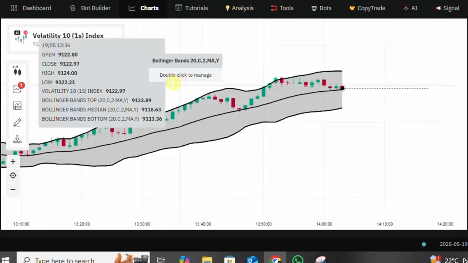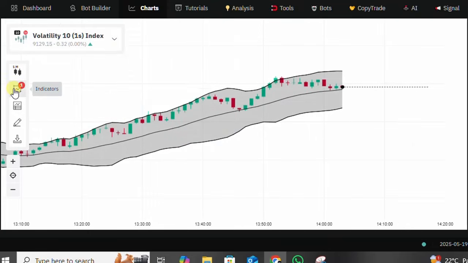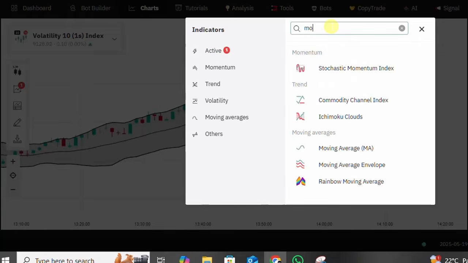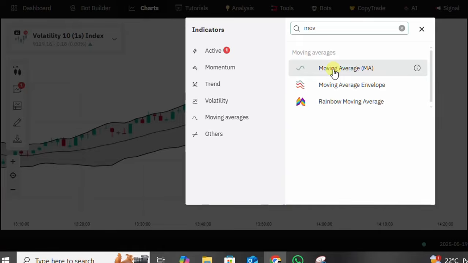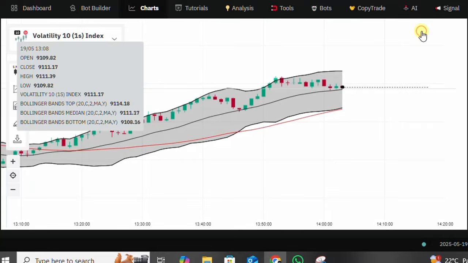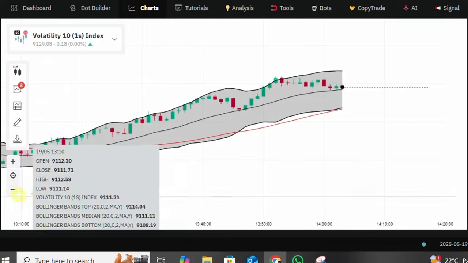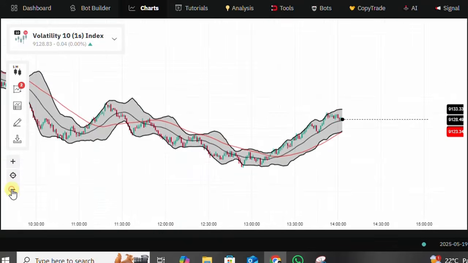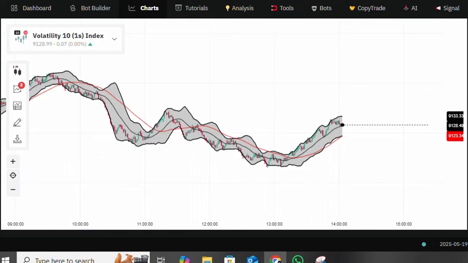Okay, let's get our second indicator. That will be the moving average. This one. Okay, so you can see it. Let me zoom out. You can also see the prices here.